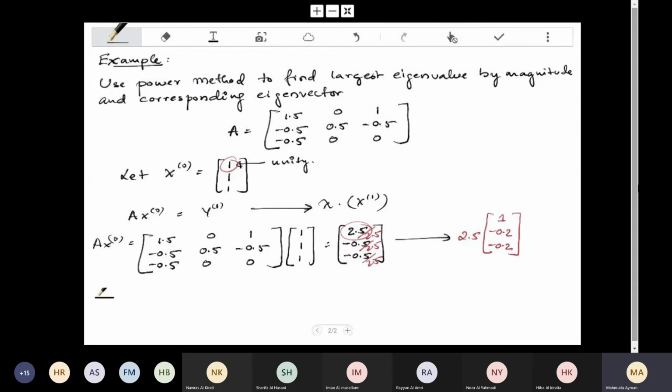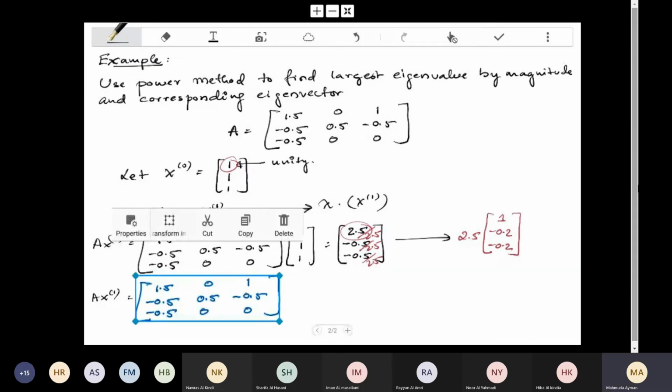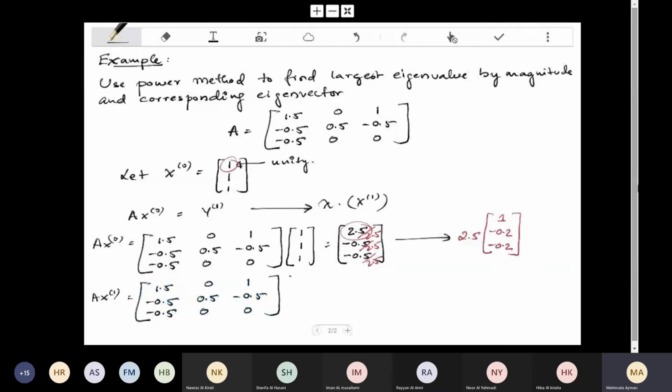Now for the next step we'll calculate A of x1. So we already copied A, so I can take it times x1 now. We know that this is x1, which is 1, minus 0.2, minus 0.2.